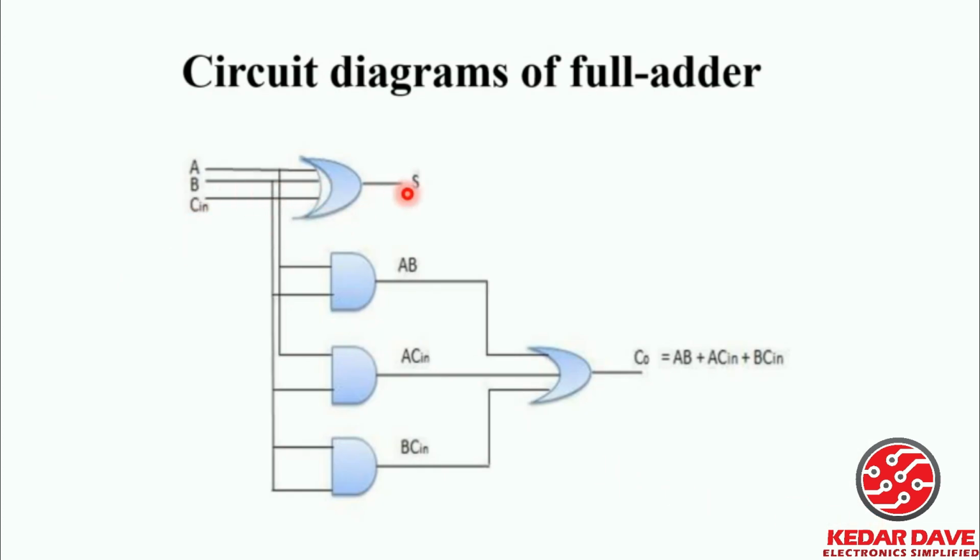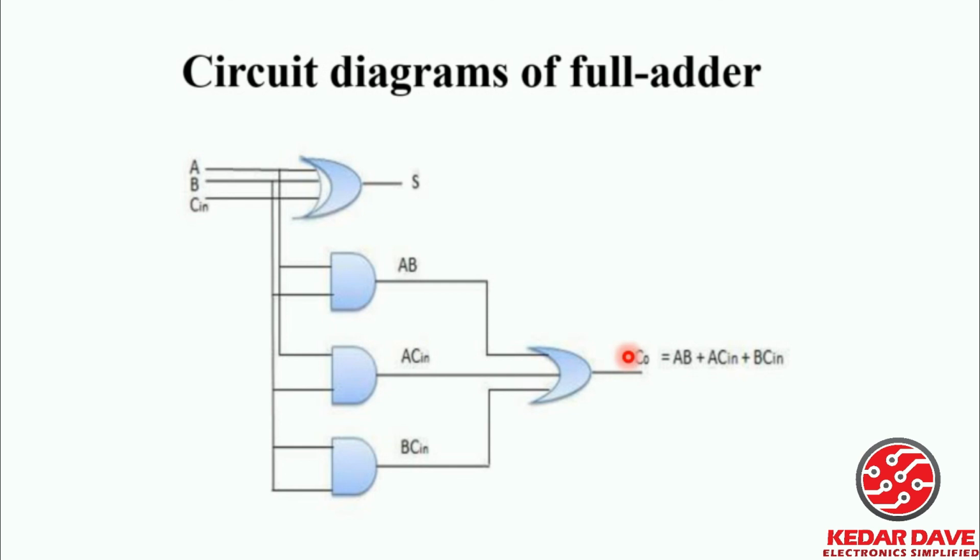Here you are seeing that we are taking an OR gate, and for the carry input we are considering these AND gates. This will be adding A plus B, this will be adding A plus C, and this will be adding B plus C, and all the 3 inputs are provided to this OR gate.